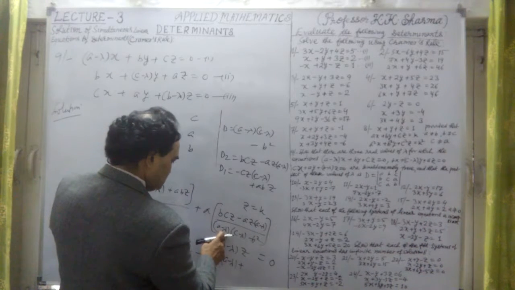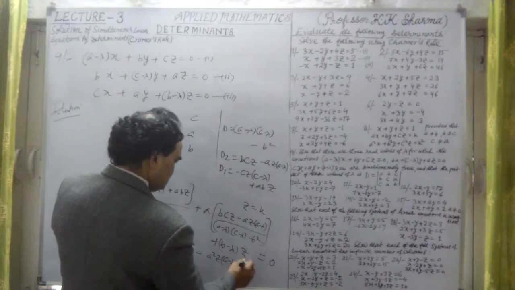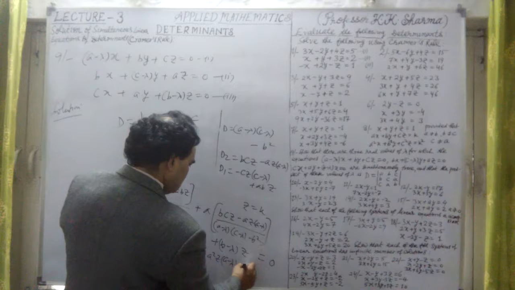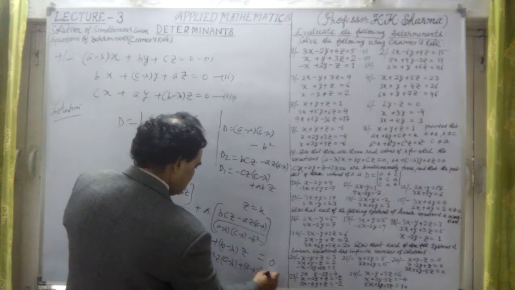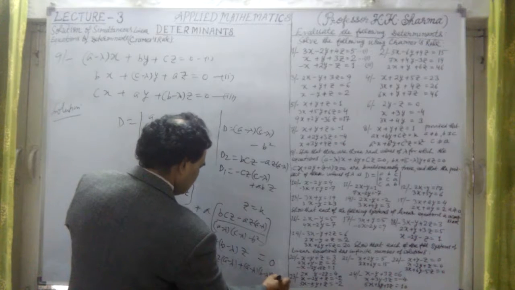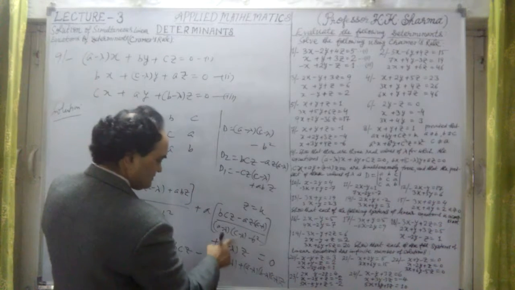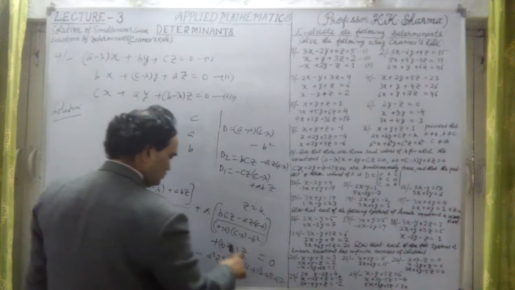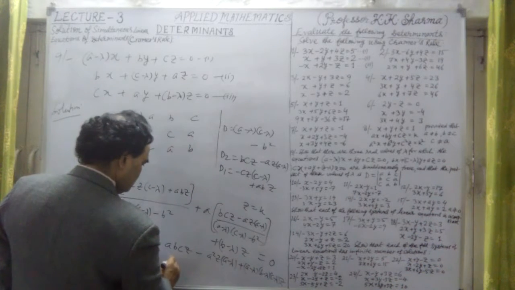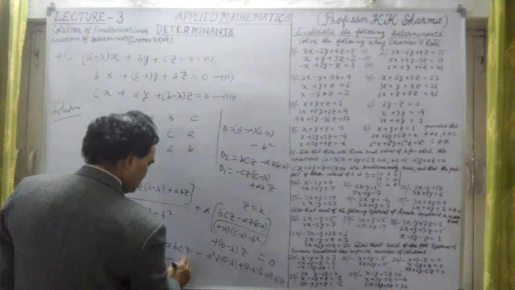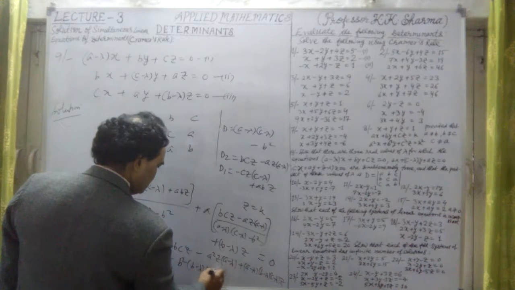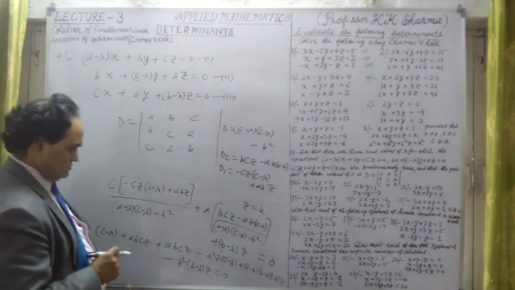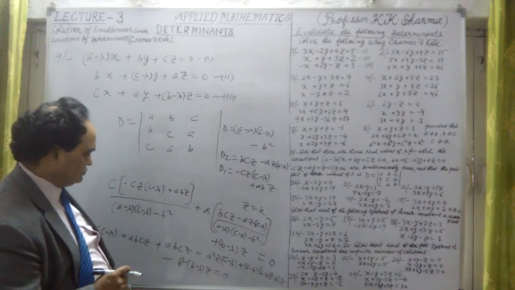So a minus lambda, c minus lambda into b minus lambda, and into z. This value is a minus lambda, b minus lambda into c minus lambda into z. This value is minus b square into b minus lambda into z equal to 0. This value is coming out to be 0.